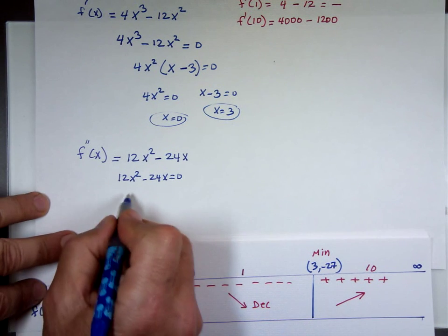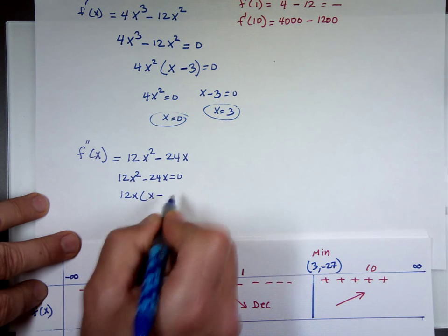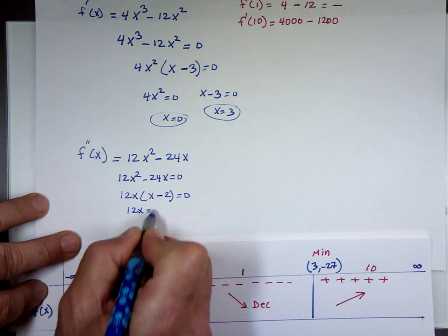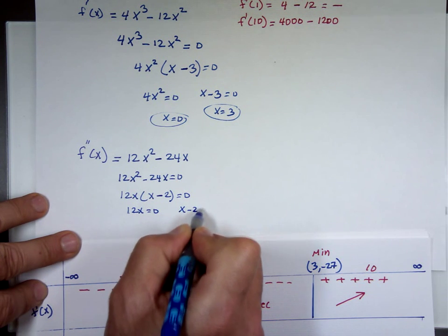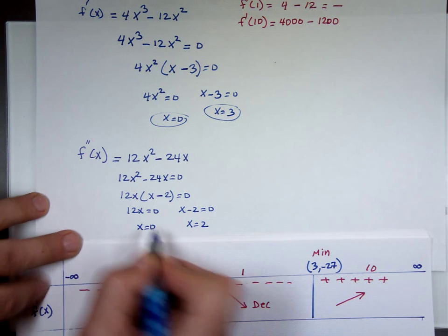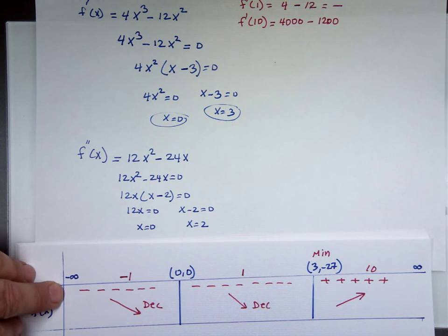Take 12x out. What's left? x minus 2. So 12x is equal to 0, x minus 2 is equal to 0. x is 2, x is 0. That 0 goes all the way through. See that? Same point.